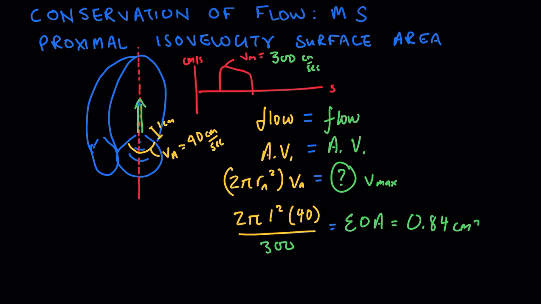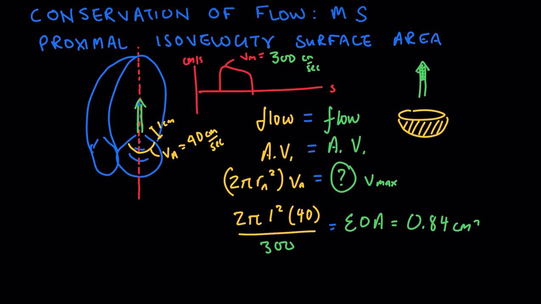Now, because this concept of PISA can be a little hard for people to wrap their heads around, I want to just draw it out one more time. We have a hemisphere of blood that is accelerating towards the valve, and then right at the valve opening, it shoots through this green arrow here.